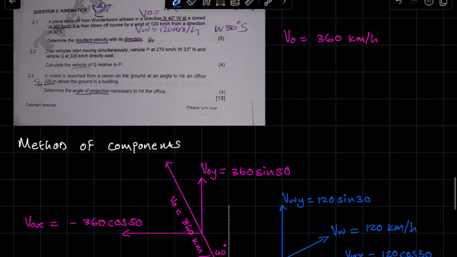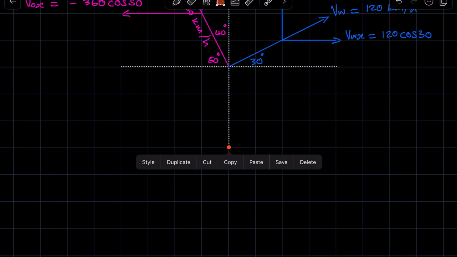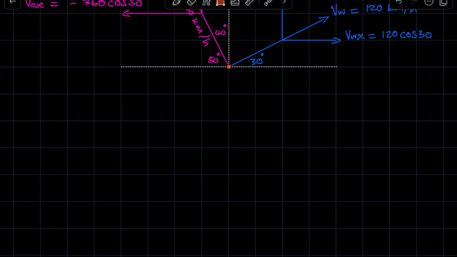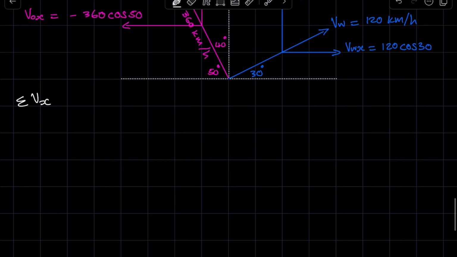So these are the vectors we have: the original vector as well as the wind vector. Now we'll be able to calculate the resulting velocity using the method of components. Using the method of components, we calculate the sum of velocities in the x direction.